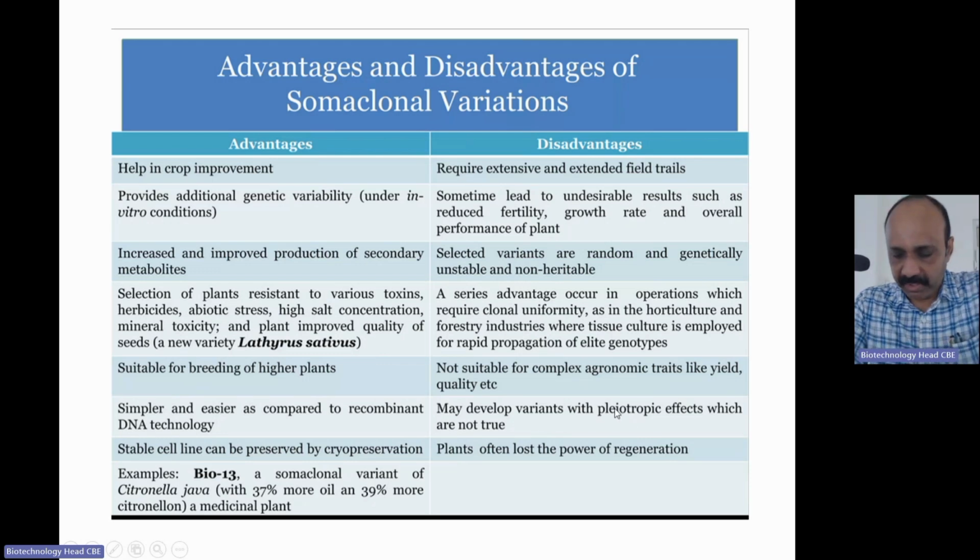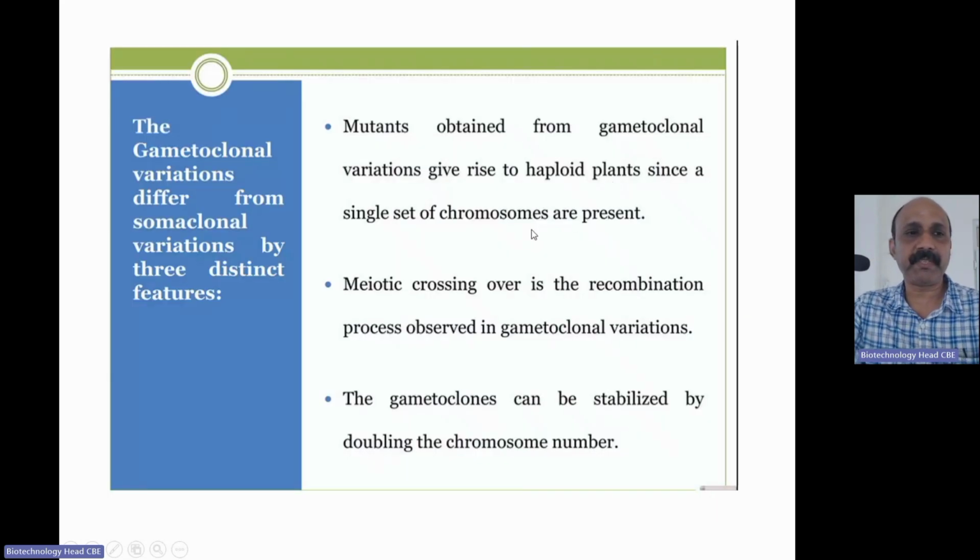Even with a single character selected, there can be many other characters changing. If we select for herbicide tolerance, there can also be disease susceptibility. So there can be many pleiotropic effects. It is not like a point mutation; there can be many changes. Plants often lose the power of regeneration. So these are all the disadvantages.